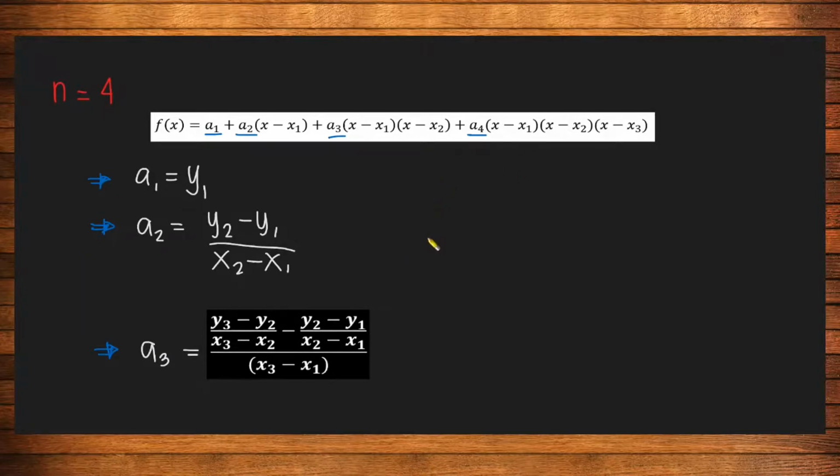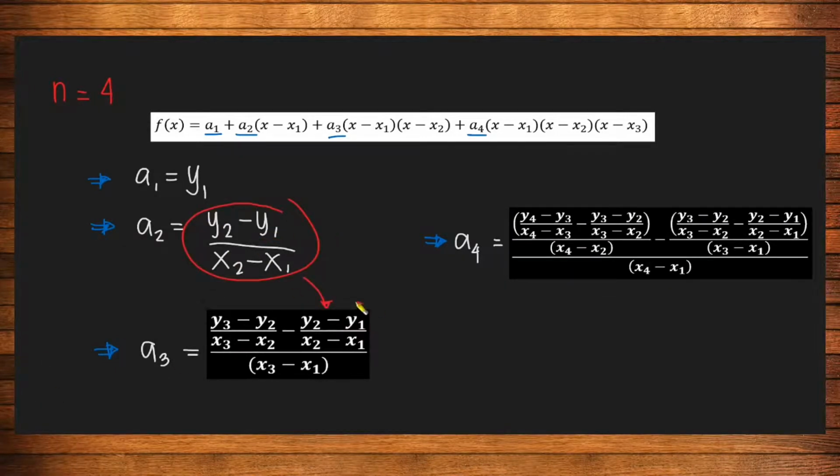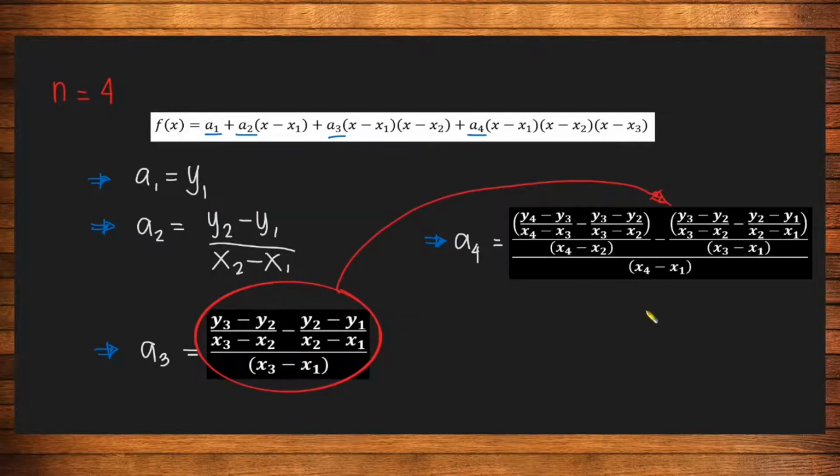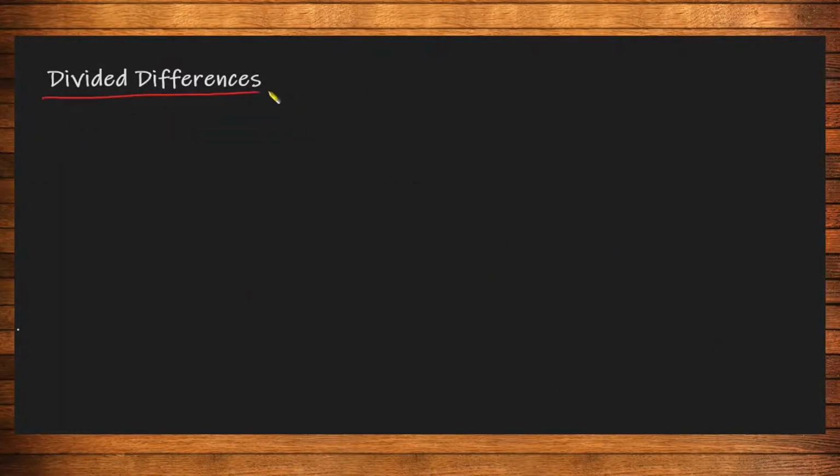Now the formula for the coefficient a sub 4 can be obtained by substituting our fourth point, x sub 4, y sub 4, into our equation, as well as the values of the 3 other coefficients. So now, the value of our fourth coefficient will be equal to this equation. So again, a careful examination of the equations for our coefficients shows that the expressions follow a certain pattern. Now this pattern can be clarified by using the concept of divided differences.